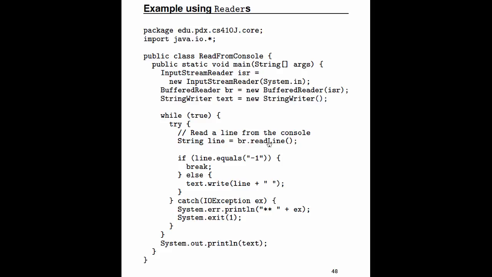So we'll read each line from our buffered reader. If that line is -1, well, we're done with our loop. We'll exit out. Otherwise, we will print that line, write that line to our string writer. If anything goes wrong and an IO exception occurs, we'll print it out and exit. Otherwise, we've gotten down here to the end. We'll simply print out the toString value of the string writer, that text variable, to standard out.